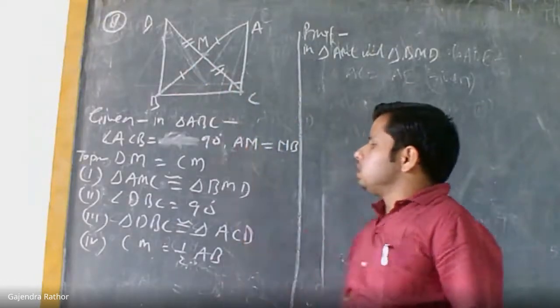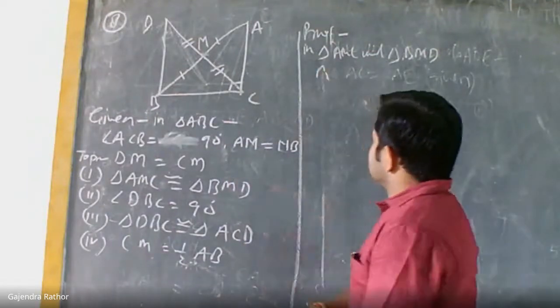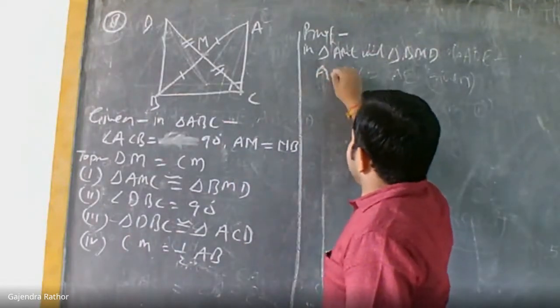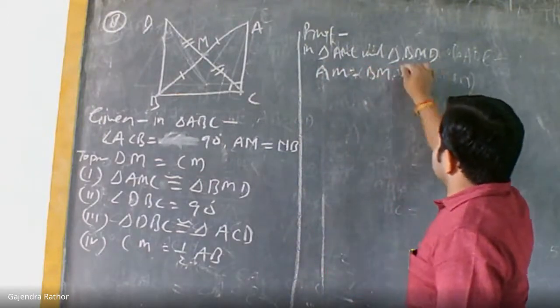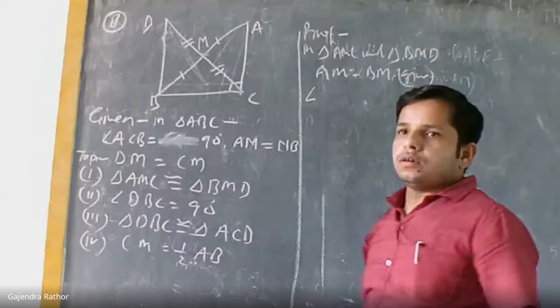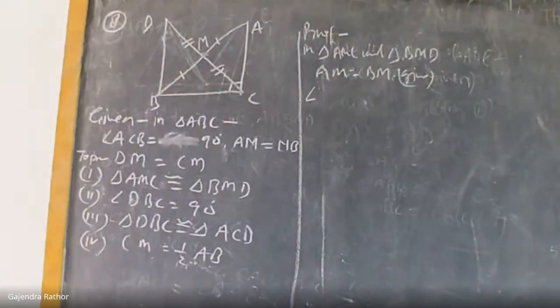First one is already given: AM is equal to BM. That is given. The second part. What is the second part? Anybody reply? Identify the 3 equal corresponding parts in these 2 triangles. Please reply.